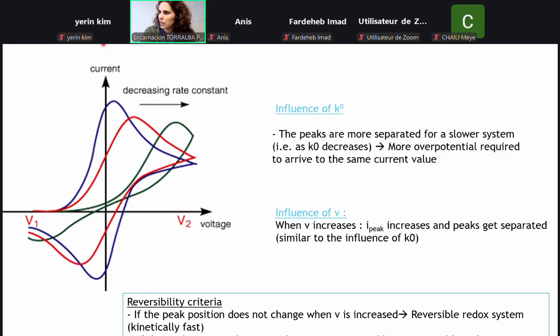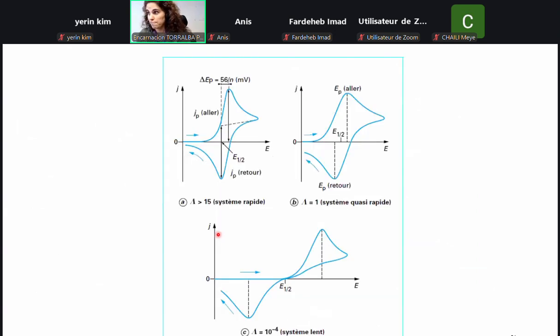When it's reversible, you have the two peaks, not one on top of the other, but almost. And when it becomes slower, the peaks get separated. The same as the response in Butler-Volmer. This is the same.